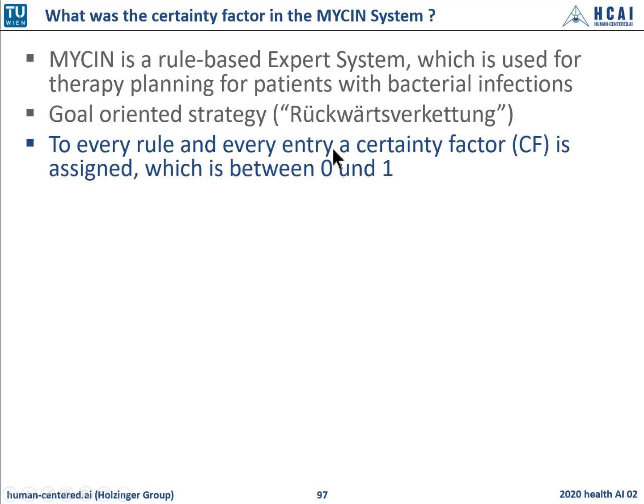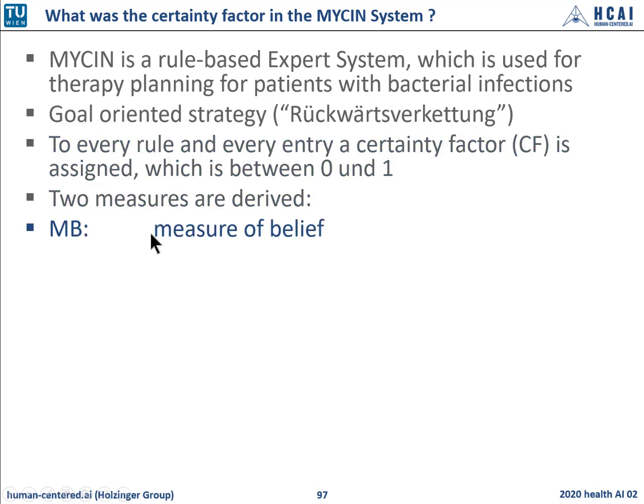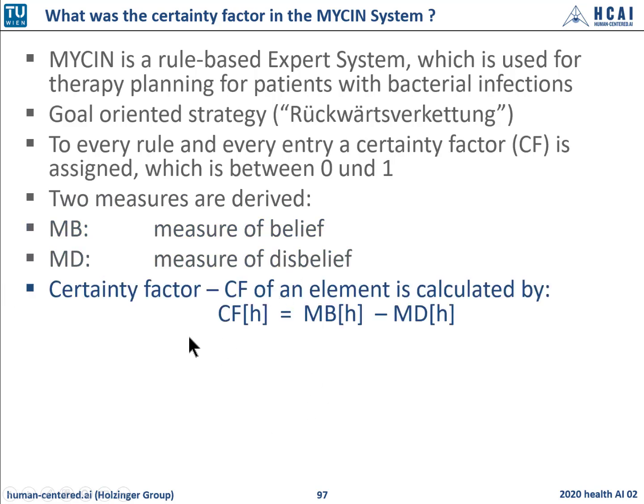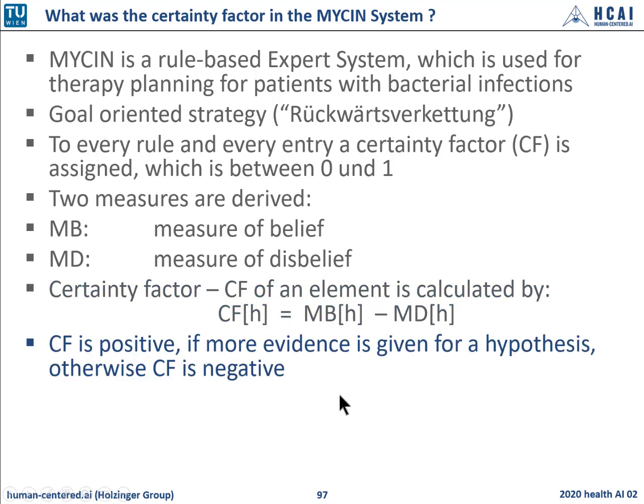And to every rule and every entry a certainty factor, CF, is assigned, which is between 0 and 1. And two measures are derived, a measure of belief and a measure of disbelief. And the certainty factor is then just the measure of belief minus the measure of disbelief.